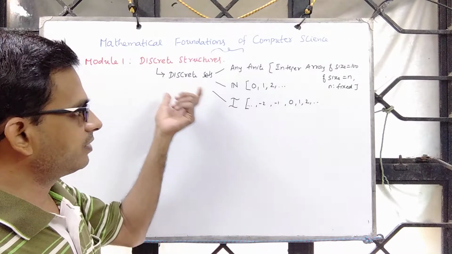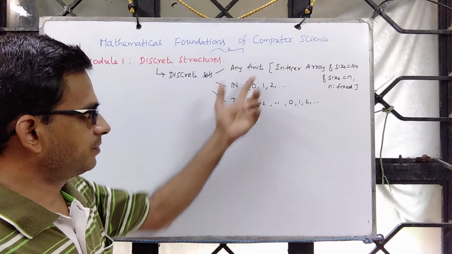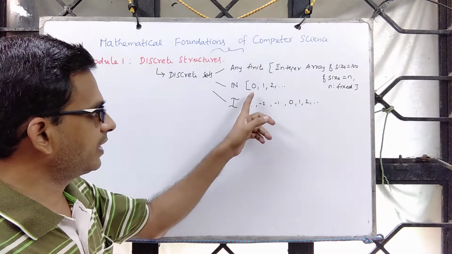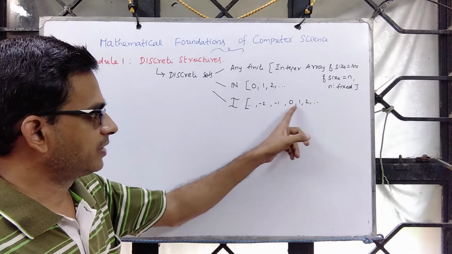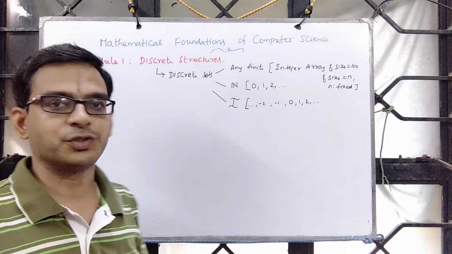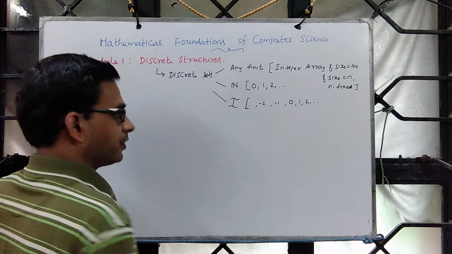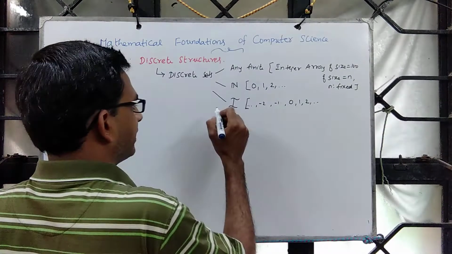By discrete, you get to observe from these examples that one can list first element, second element, third element and so on. So one can list these elements.